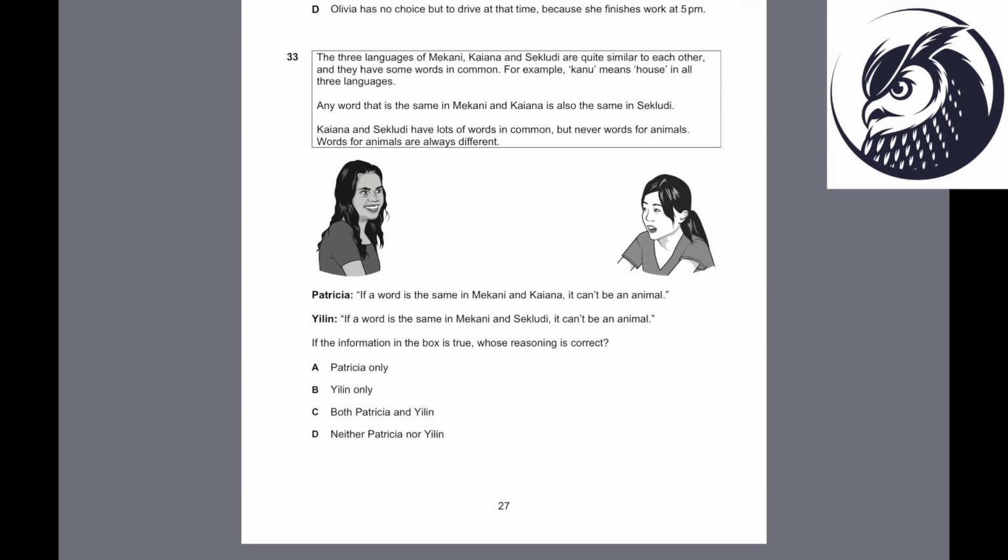So we know that any word that is the same in Mekani and Kayana is also going to be the same in Sakludi. So I might write M for Mekani. If they have the same word, then Sakludi will also have the same word. So it equals Sakludi. Okay. Now we also know that Kayana and Sakludi have a lot of words in common, but never for animals.